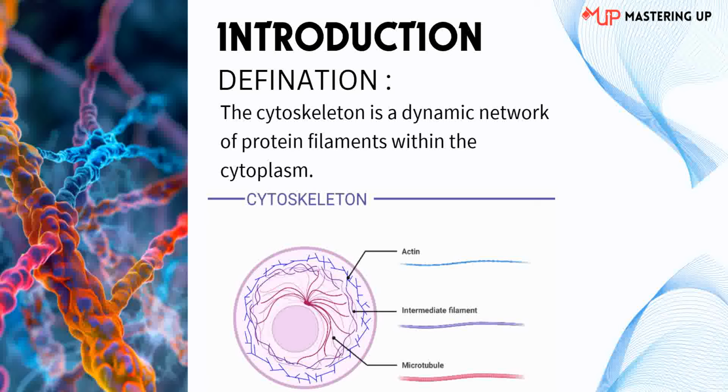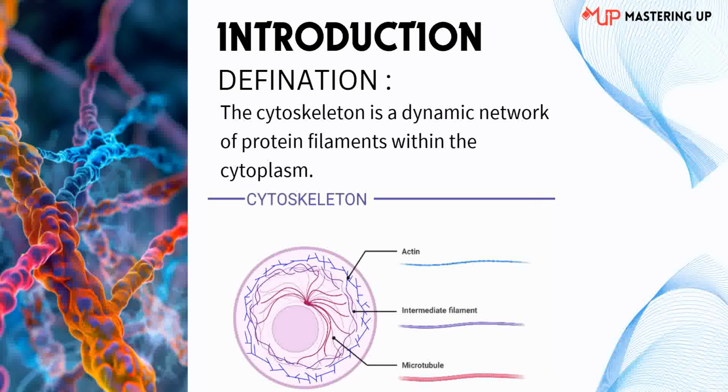Think of it as a cell's internal skeleton, but unlike a rigid framework, it is constantly reorganizing itself. This makes it incredibly versatile, enabling the cell to adapt to various needs.